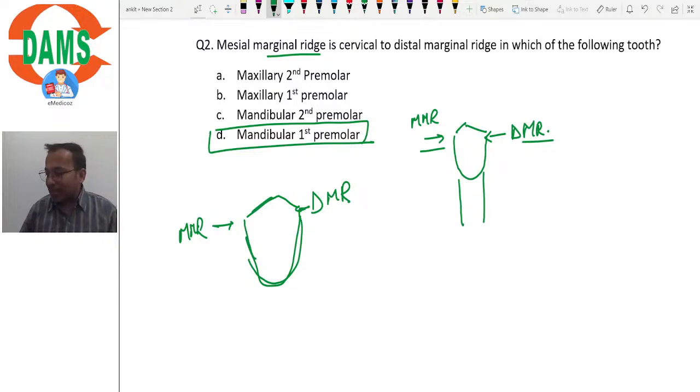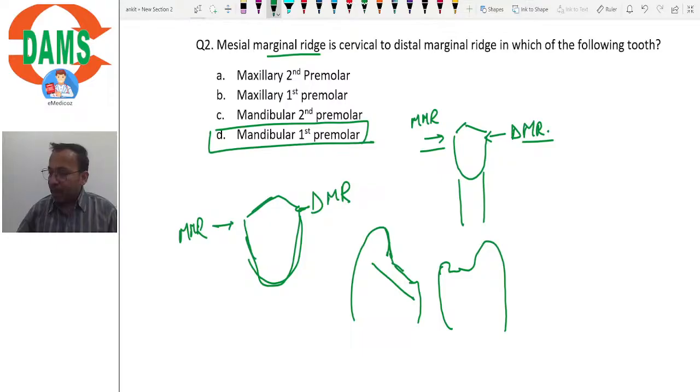Not just that, if you look at the mesial marginal ridge from the proximal view, what you'll notice is that it slopes at a 45-degree angle, whereas the distal marginal ridge, just like any posterior tooth, is perpendicular to the long axis, or you can say it runs horizontally, right?